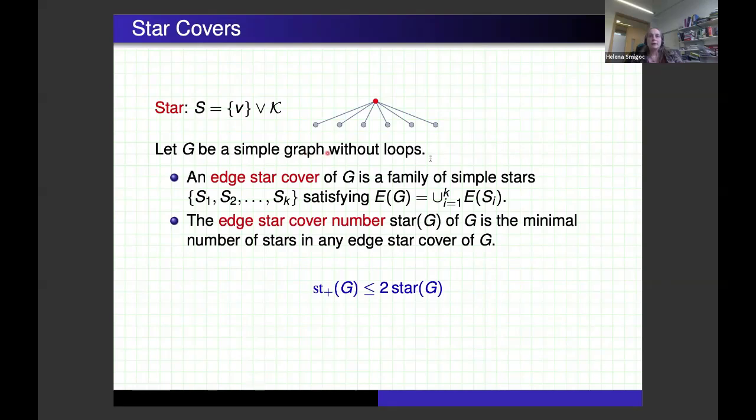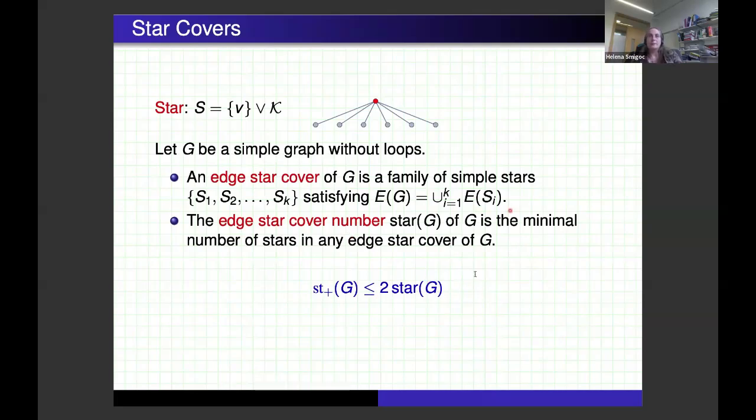Starting with a simple graph without loops. Here I don't want stars to have a loop, so that means that vertex v is not in K. I can try to cover my graph with stars, and then I will get an edge star cover. So I want to cover all the edges in my graph with those stars. And the edge star cover number is the minimal number of stars I need to cover my graph.